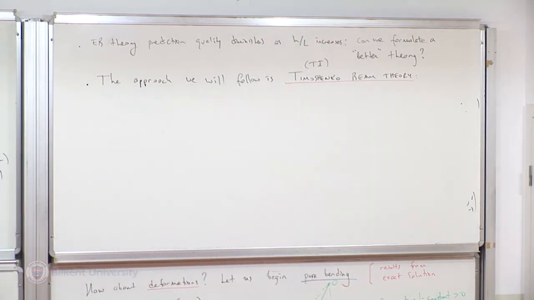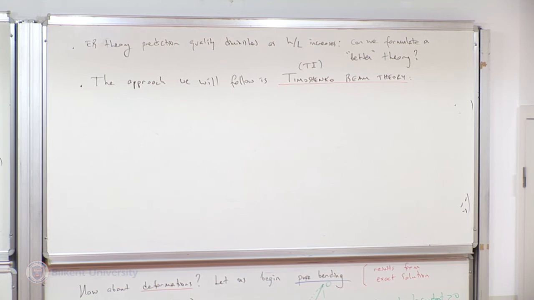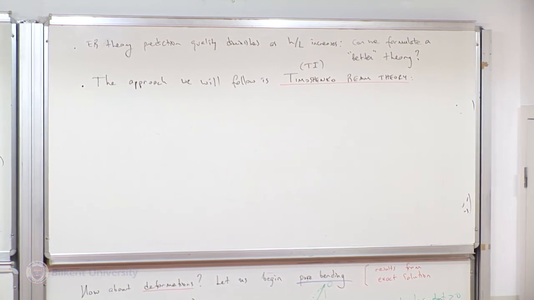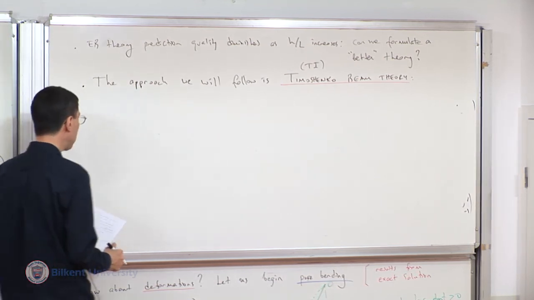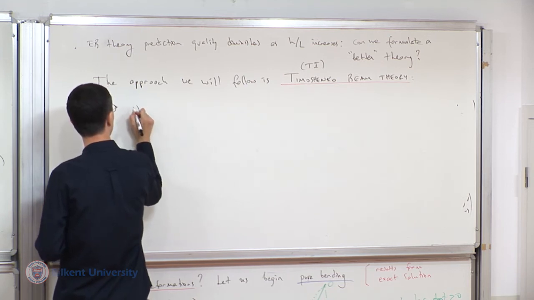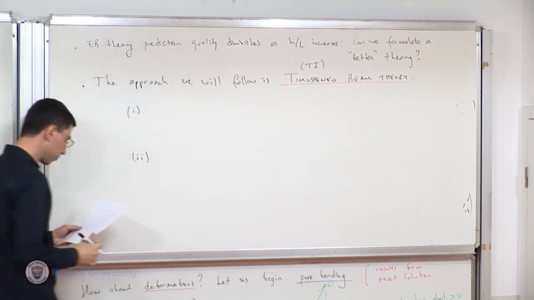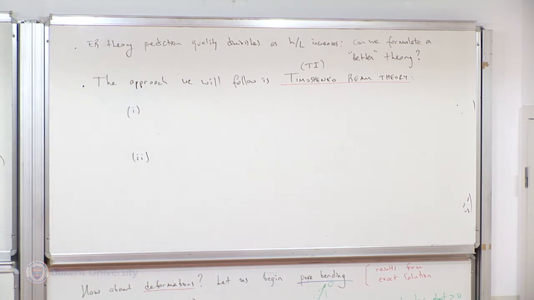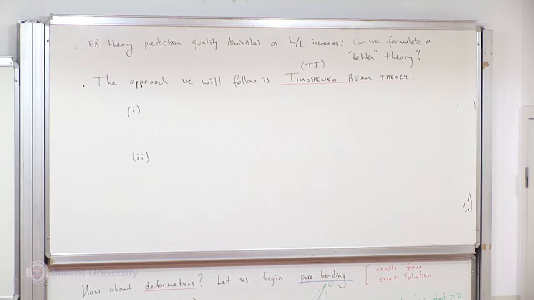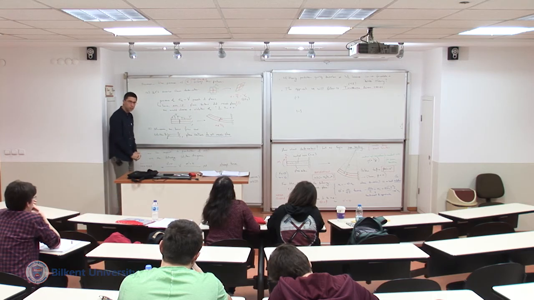Now, the Timoshenko beam theory. Let us state two major observations that pertain to it. They are really quite simple, actually. The presence of the shear stress is the problem.